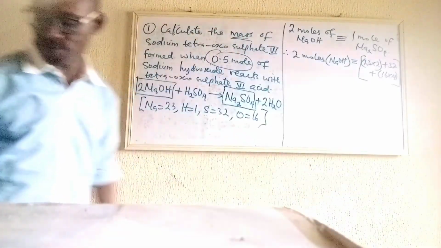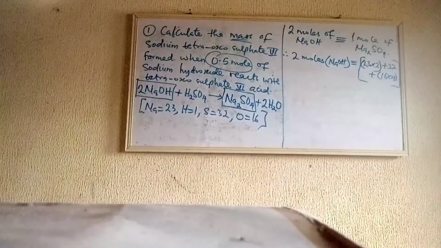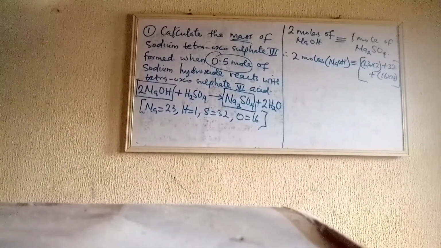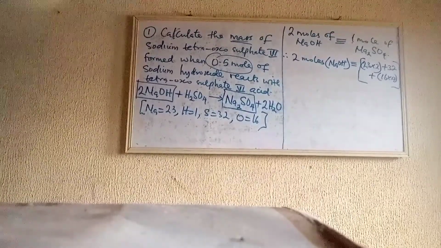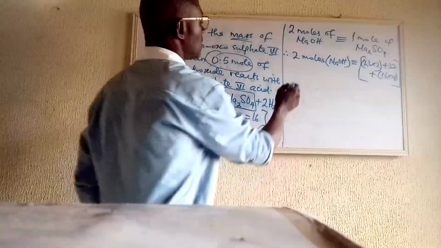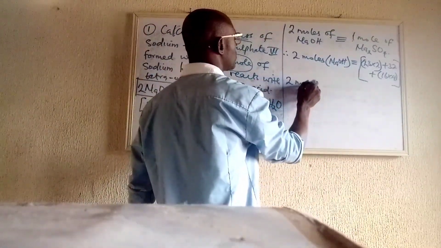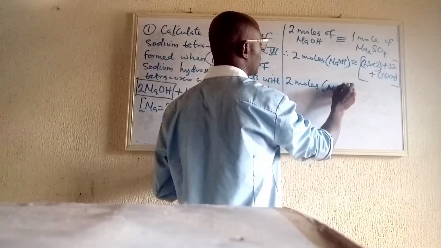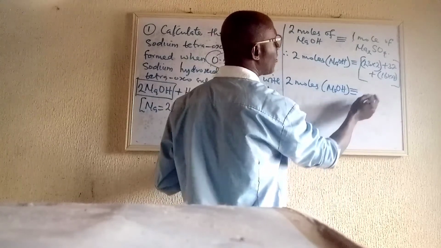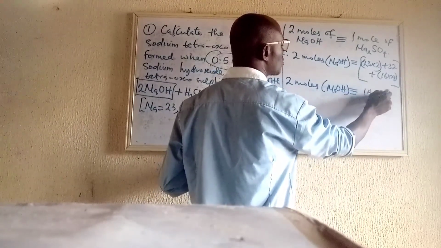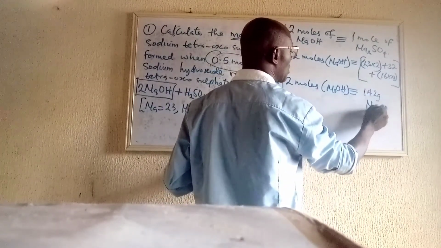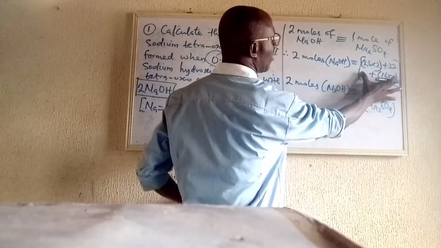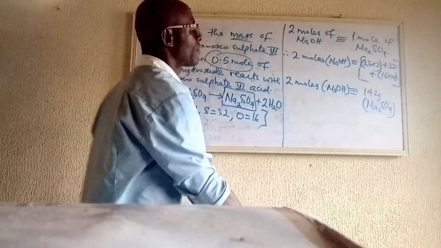Let's do the calculation. Two moles of sodium hydroxide will form 142 grams of sodium sulfate. The sum of all this is 142 grams.